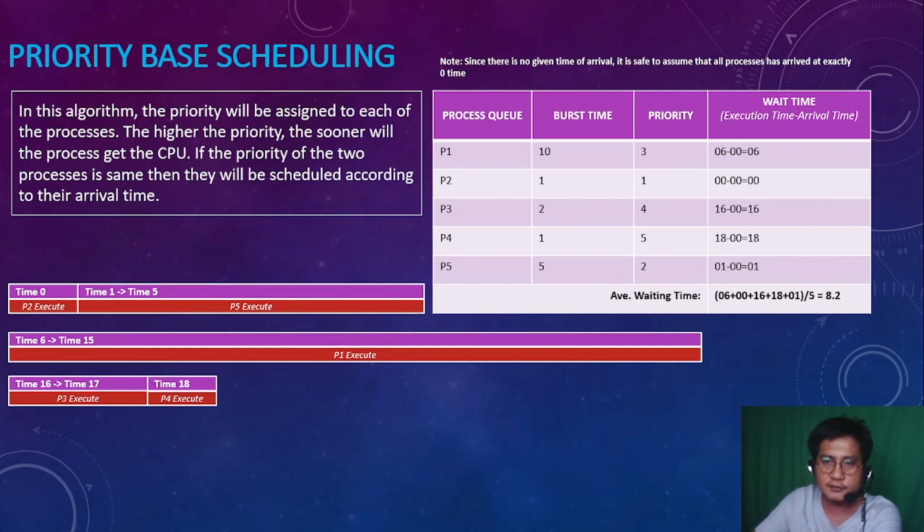And then the last in the priority list is P4, which has a burst time of 1, so at time 18, P4 gets its time to be executed in the central processing unit.